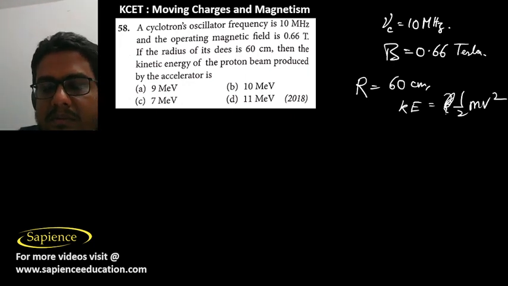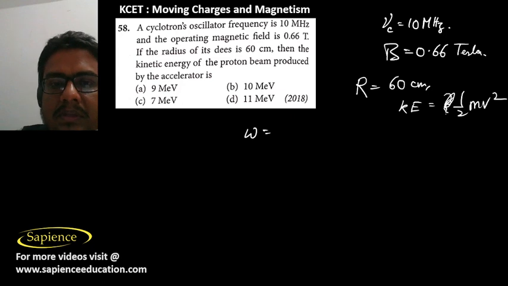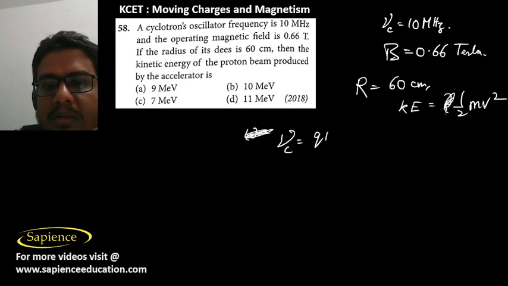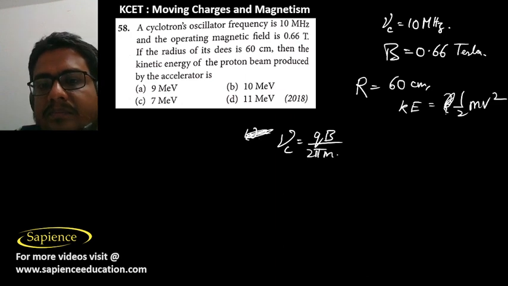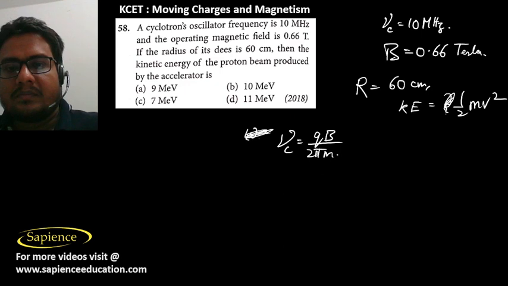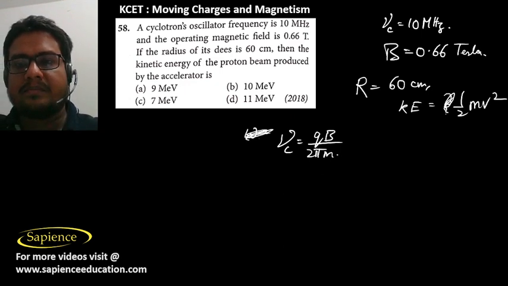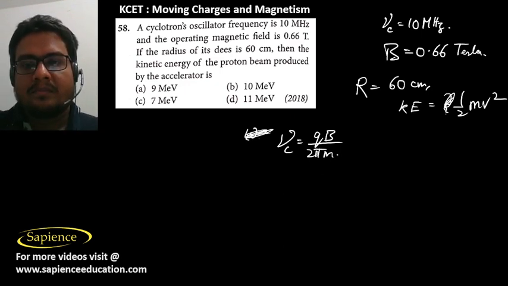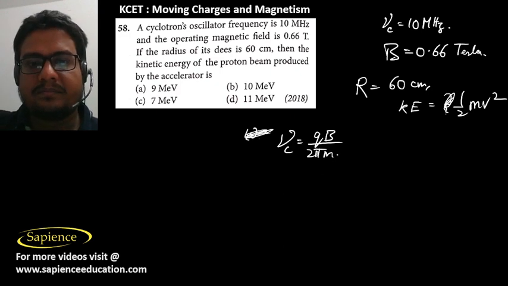Now we know that the cyclotron frequency nu c is given as qB by 2 pi m. And the radius of the D's is given as mv by qB.